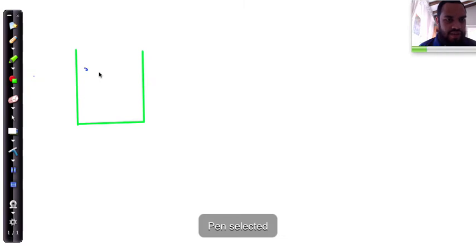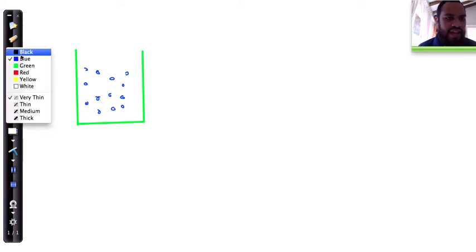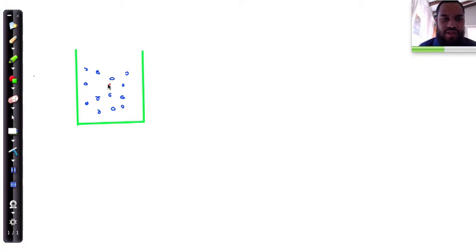So I've got a container, a vessel, and in my vessel I've got a bunch of water molecules over there. And these water molecules have to react with, let's say, the sugar that we want to dissolve in that. So the quicker the sugar dissolves, the faster the rate of the reaction.